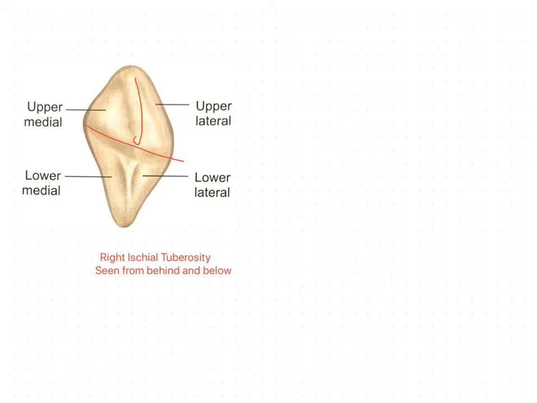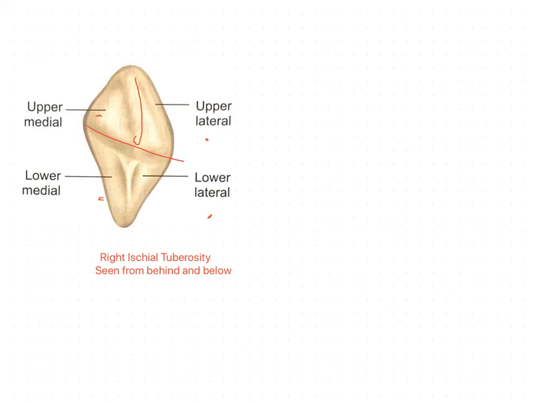The lower area is subdivided by a longitudinal ridge into outer and inner areas. Simply, we can say it is divided into upper and lower parts, and further into upper medial, upper lateral, lower medial and lower lateral.